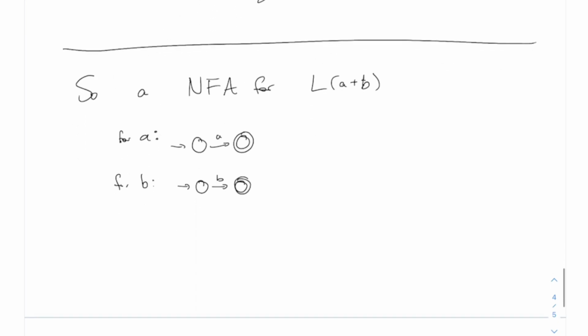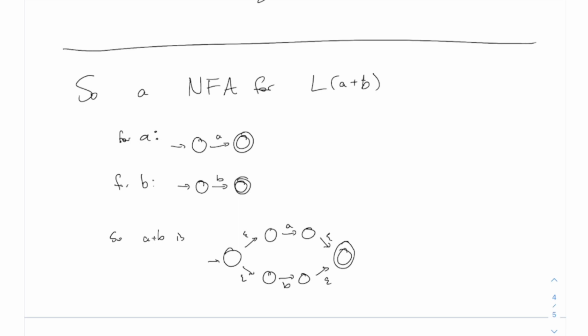So a plus b is, I have a starting state, I go epsilons, and then up top I do the a one, down the bottom I do the b one, and then rather than making them accepting states right there, I'm going to tie them with epsilons both into a single accepting state. So right up here, you see I used the first machine, and then down here I used the second one, right? That would be a plus b.